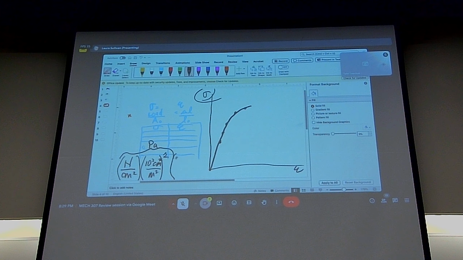I need megapascals, so I divide by 10 to the 6. And now my units for stress are in megapascals. As long as you do that, so that this is really megapascals, then your slope will be modulus. You will be able to calculate modulus from the slope.